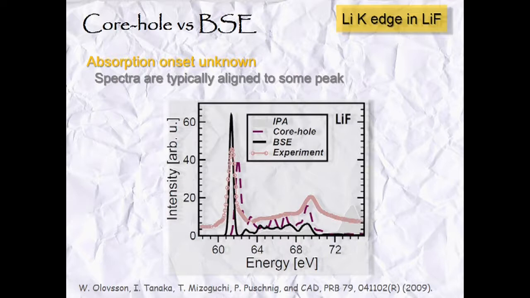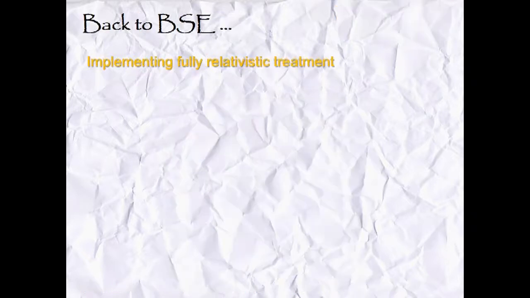The reason for this is that in the Bethe-Salpeter equation, we treat the electron-hole interaction explicitly, exactly, whereas in the supercell approach, we treat the electron-hole interaction on the same level as the electron-electron interaction, with this exchange correlation functional, which may not be strong enough to bind the electron and the hole. So let's get back to the Bethe-Salpeter equation.